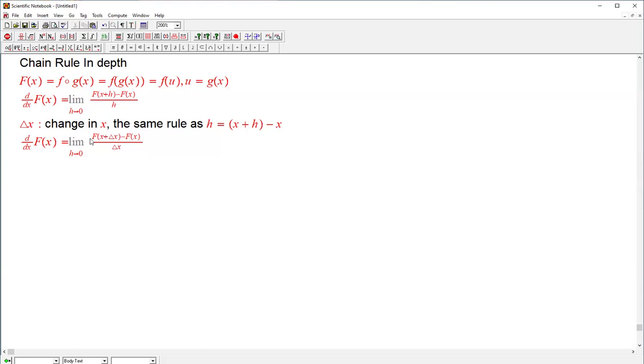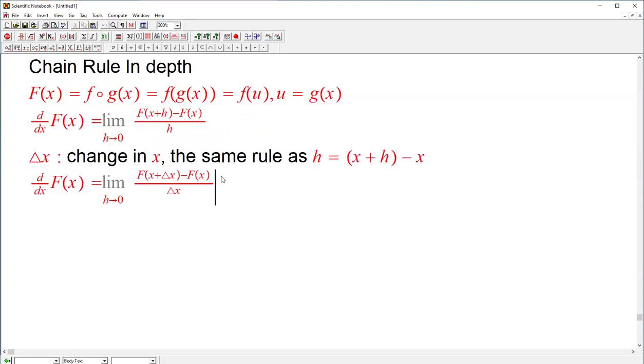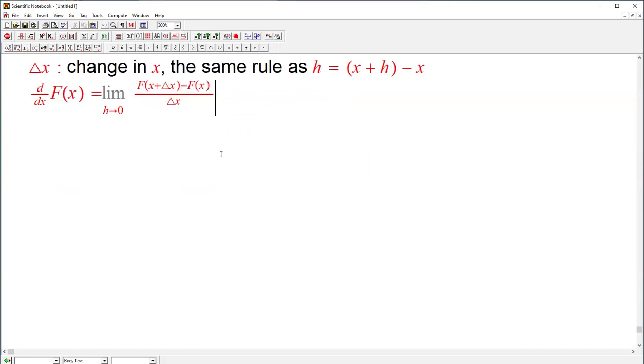Let me make this a bit larger. With this definition, the derivative we are interested in has capital F of x plus a change in x, delta x, subtracting capital F of x.